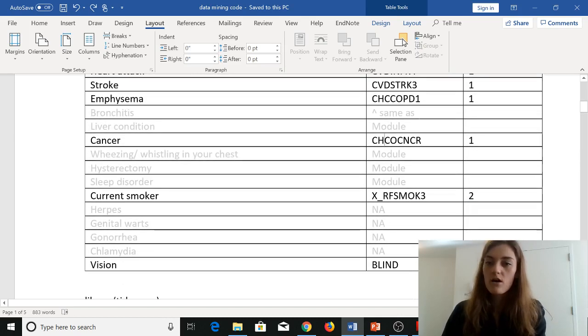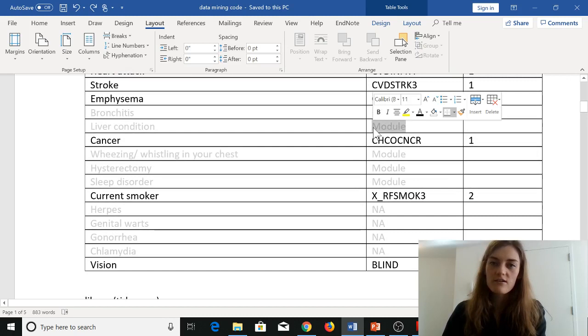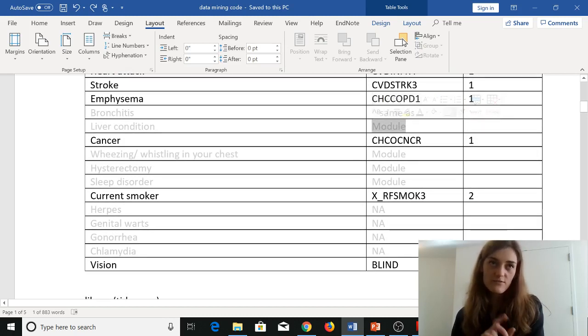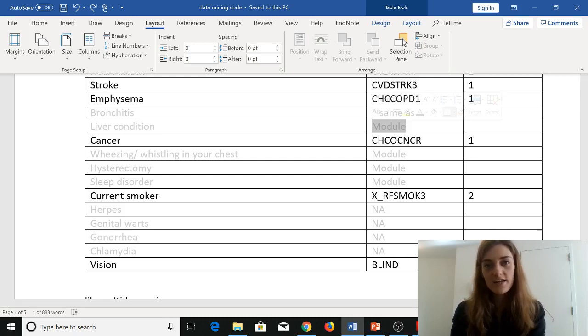Cancer. Oh, and then you'll see for some variables, I wrote module. That's because of the sampling weighting frame that we applied during the prevalence estimates videos. If you remember, we used the weighting variable called LLCP weight. And so that weighting variable only applies to the core questions.